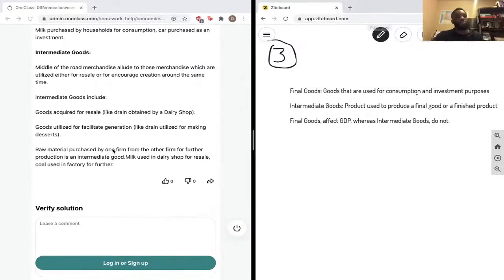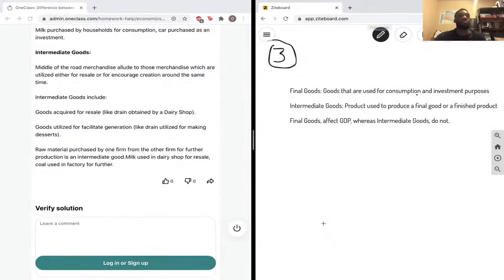Intermediate goods include goods acquired for resale, goods utilized for further production, and raw materials purchased by one firm from another firm for further production. For example, milk used in a dairy shop.